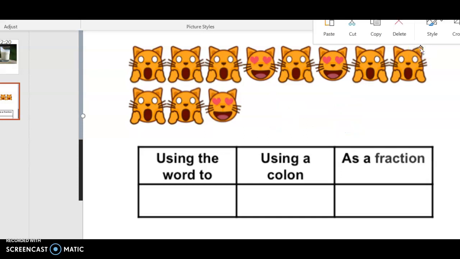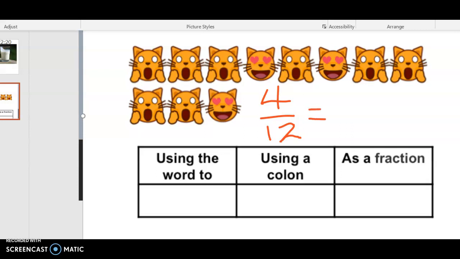All right, now just like fractions can be simplified, ratios can also be simplified. So since we're familiar with fractions, let's do that first. Let's say I have a fraction of 4/12. We know that we could make this a lot smaller, right? And it would be equivalent to what we have already written.